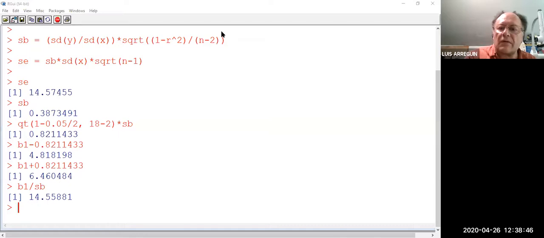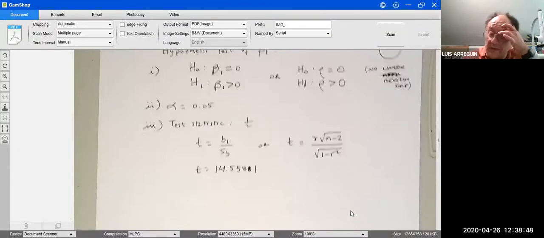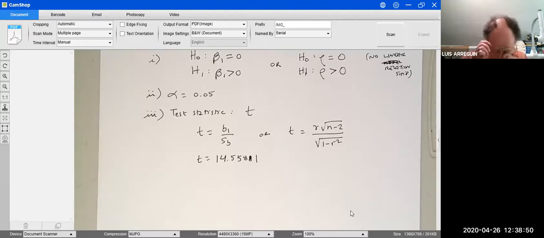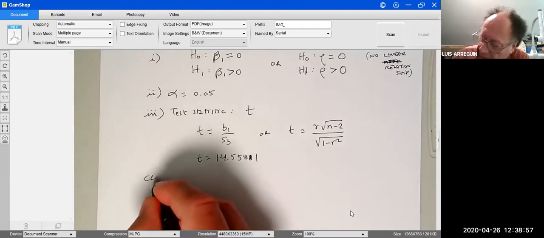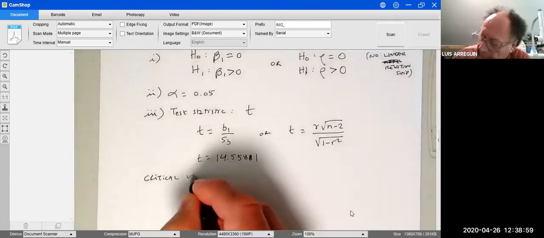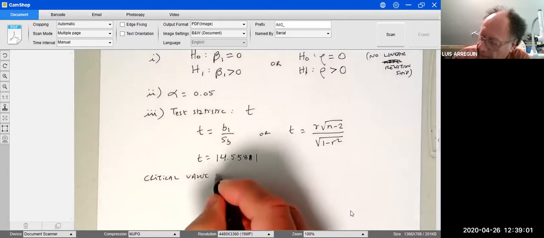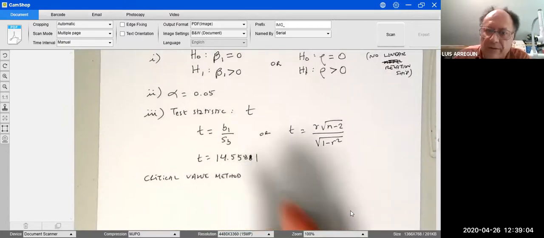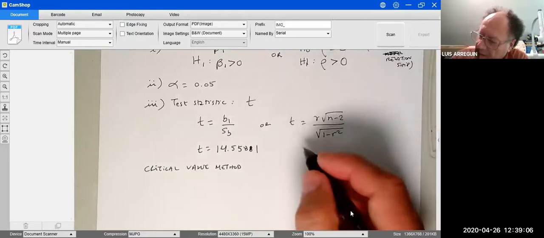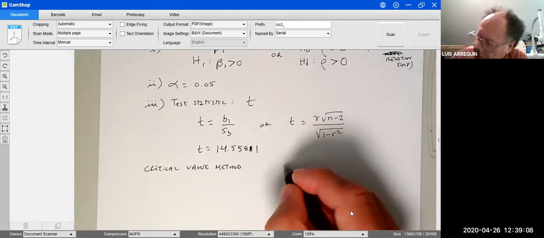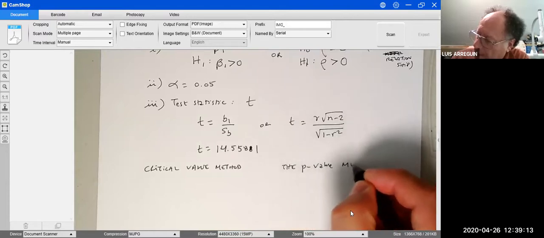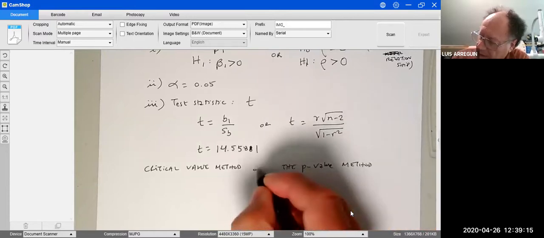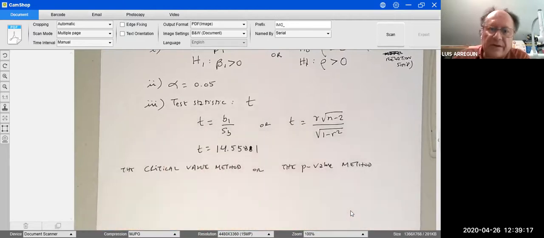So now you can have either a critical value method or the p-value method. So let's start with the critical value method on this, and for the other case we're gonna use the p-value method again, or you can use either.